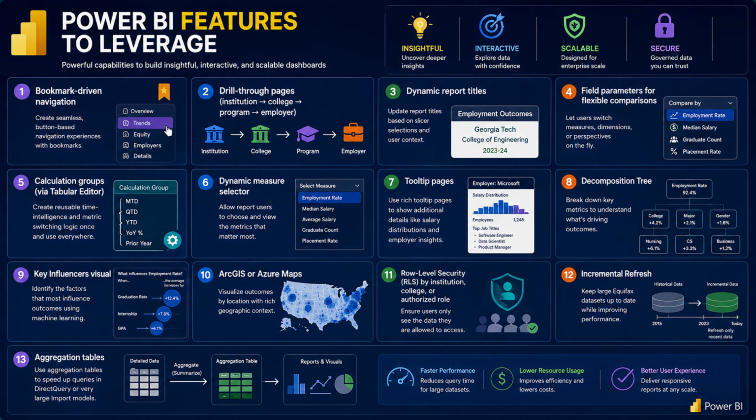Use tooltip pages to provide additional information without cluttering the main dashboard. Use the decomposition tree to investigate outcome drivers. Use ArcGIS or Azure Maps for geographic analysis. And for enterprise deployment, use row-level security, incremental refresh, and aggregation strategies where necessary. These are all part of the proposed Power BI implementation architecture.